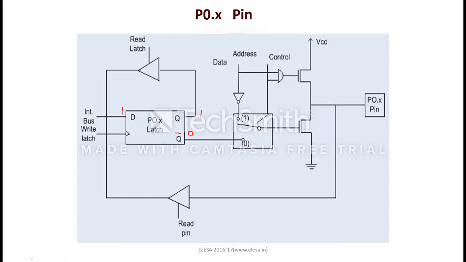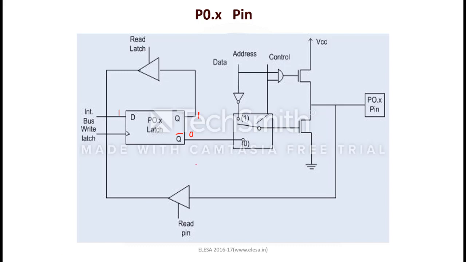Now when D equal to 0, the port pin acts as output pin. When D equal to 1, the input of the latch is 1, then the output is also 1, because the latch has output same as input. So Q bar will definitely be 0, and that Q bar is selected by the mux because the select line, the control pin, is 0. That 0 is passed to the MOSFET, so it will be turned off.